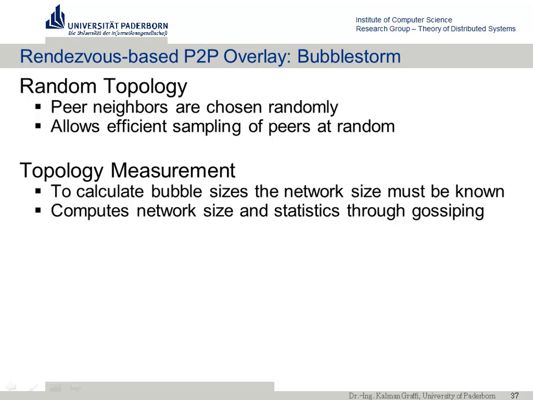What you, however, have to do is calculate the square root of n. That's why you need to somehow have the number n, so how many nodes are in the network. Looking at Gnutella, you didn't need to know how many nodes there are in the network. You just have your 20 neighbors and that's it. Here you have to know the network size in order to measure and to define your bubble size. But there are also some mechanisms for that.